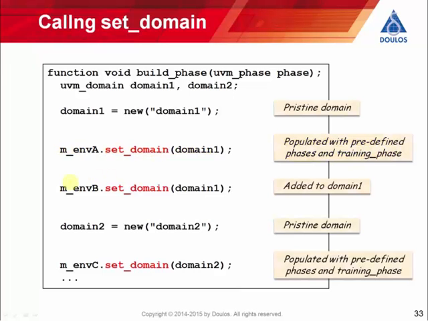Then we're calling setDomain again for mnv.setDomain. All this does now is add mnv to domain1, but it doesn't add an extra bunch of phases because of that test we saw on the previous slide. Then we're instantiating a brand new domain, and we're adding yet another component to domain2, and that's going to call defineDomain for domain2 and populate domain2 with the predefined phases and the training phase.